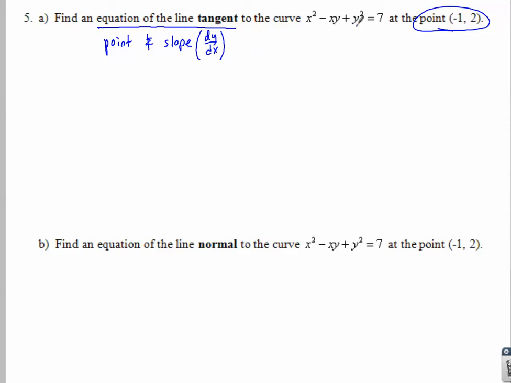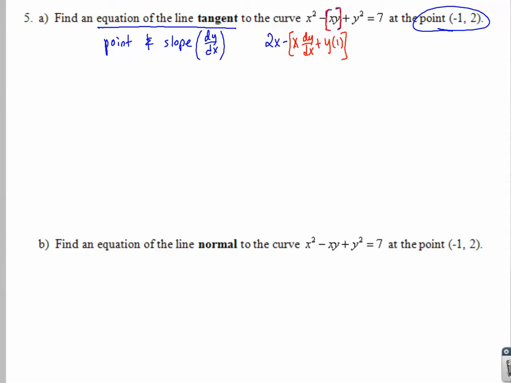I cannot get y by itself, so I have to take the derivative implicitly. Starting with the x squared, 2x. This is a product, so let's do the product rule for that: first, derivative of the second, x dy/dx, plus second times the derivative of the first, 1.